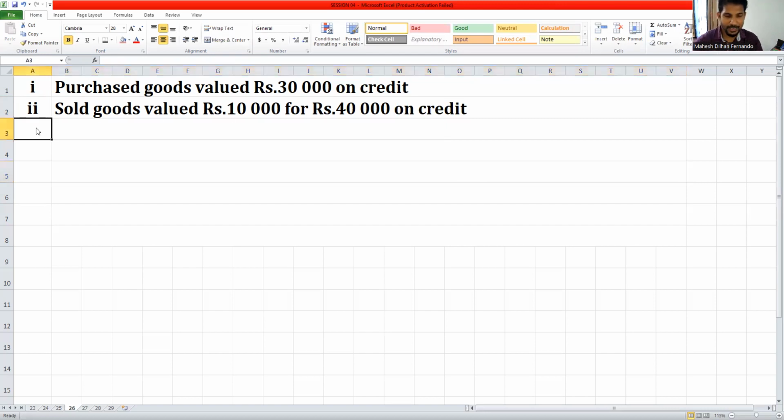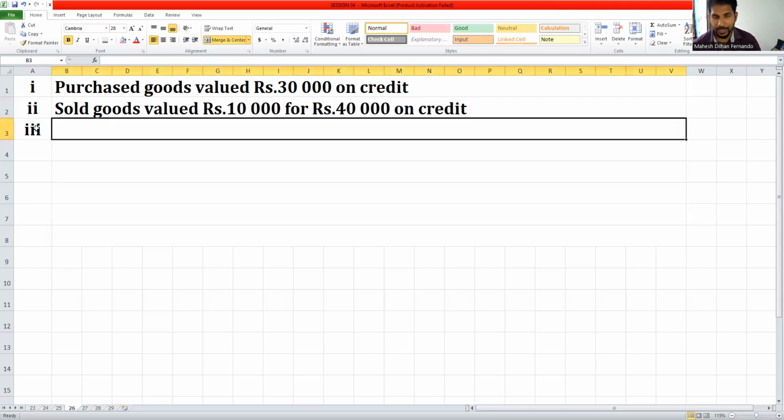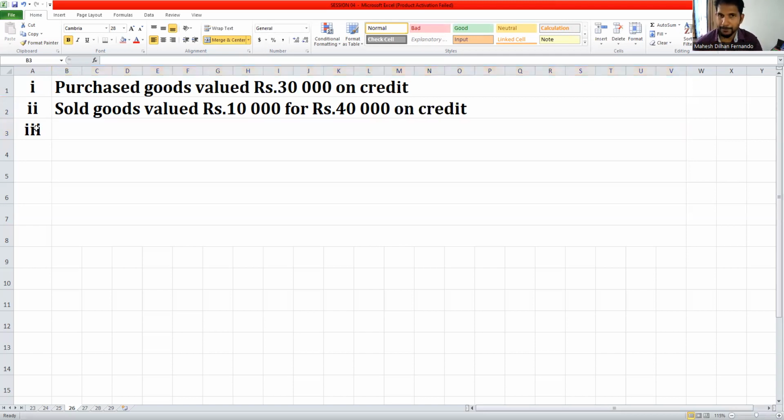Transaction number 3. What has happened? Cash minus 10, capital minus 10. According to the instructions given in this question, it can't be a drawing. Why? Additional information clearly told us that there are no drawings.